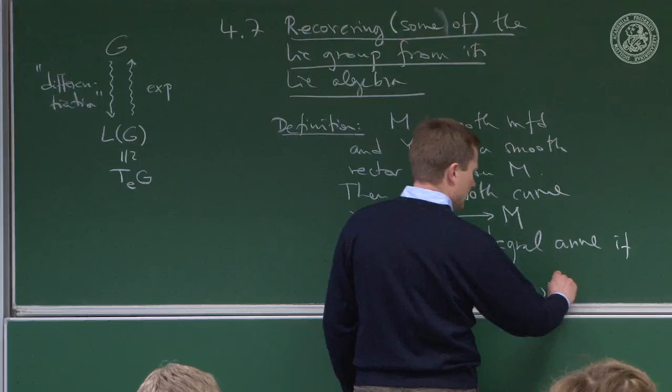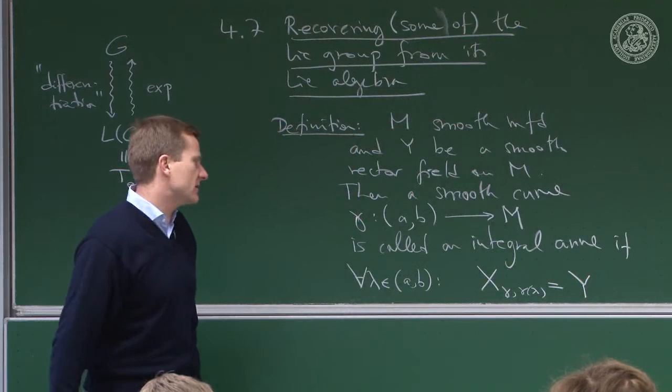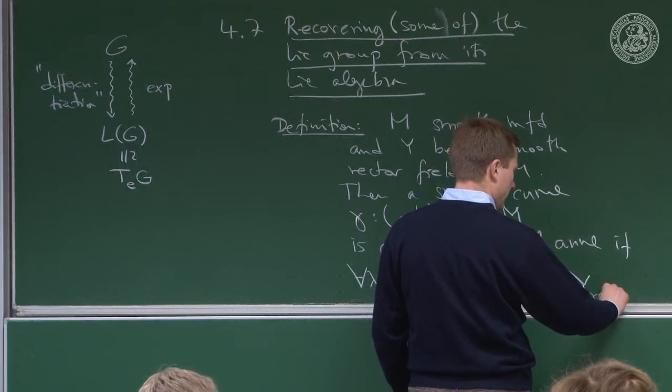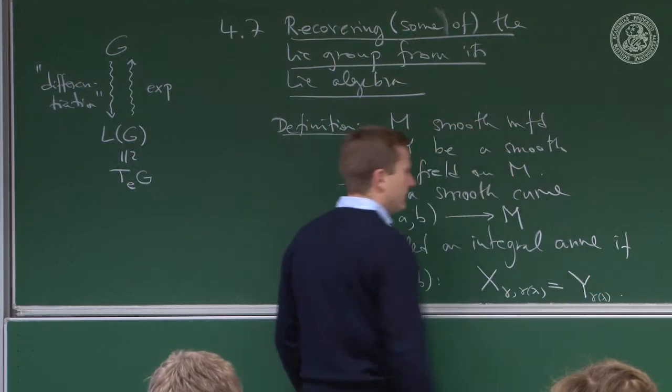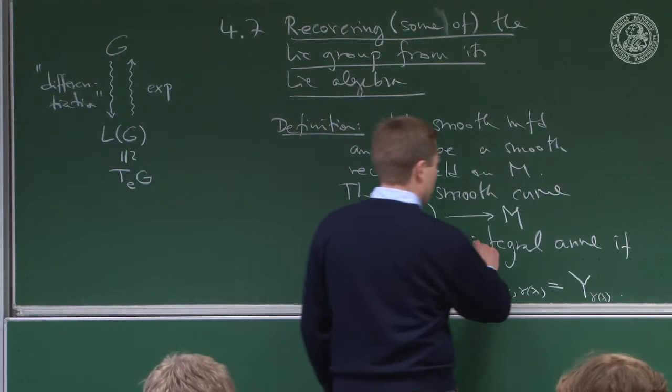If the tangent vector at the point is actually given by the given vector field at the very same point through which the curve passes. So that's an integral curve.